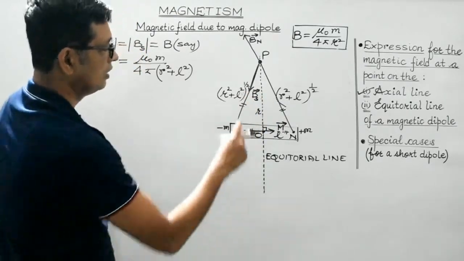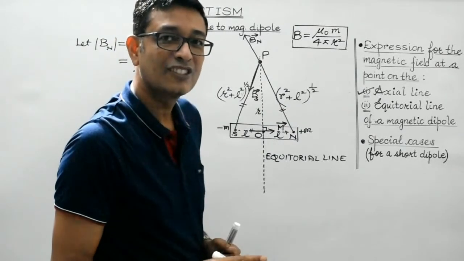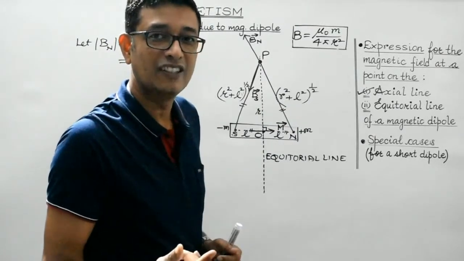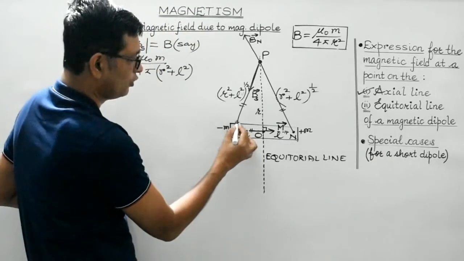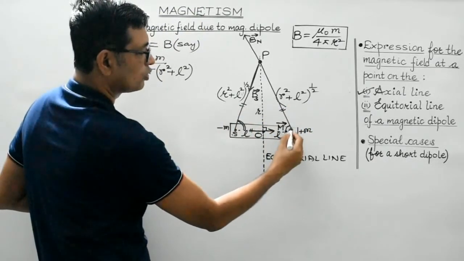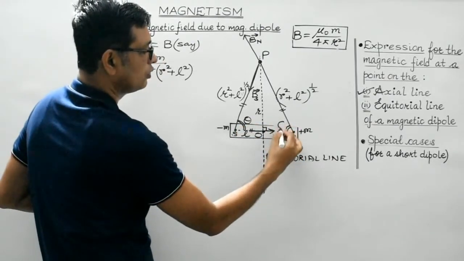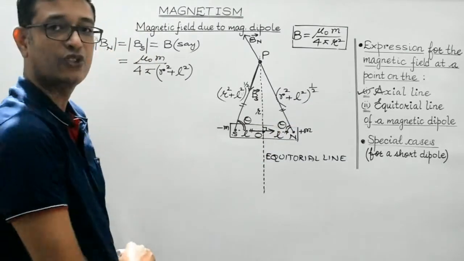Also students, these two sides are equal. We are aware that the angles opposite to the equal sides of a triangle are equal. Therefore, if these two sides are equal, these two angles must also be equal. If this is theta, this will also be theta. Right, students?